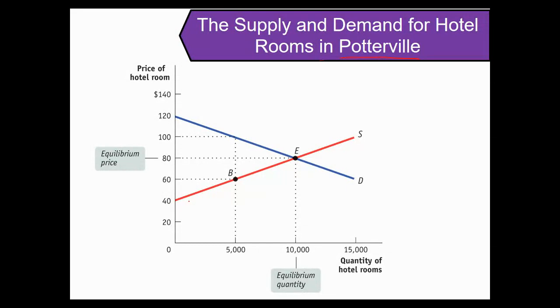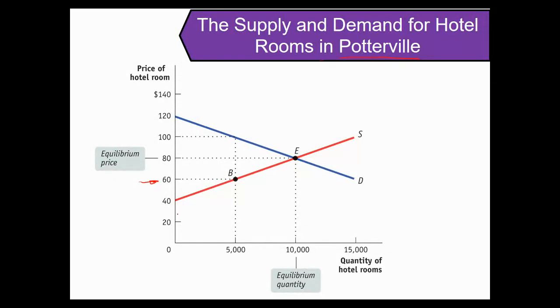The supply curve shows the quantity supplied at any given price. But what happens if we put a tax on the rooms? Think about if we were to put it at point B here.